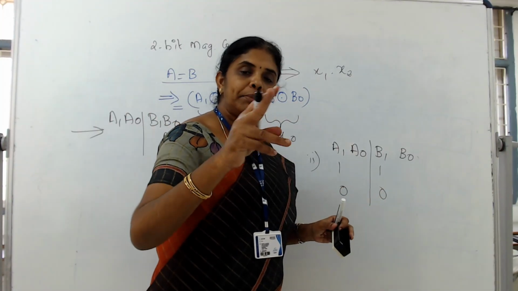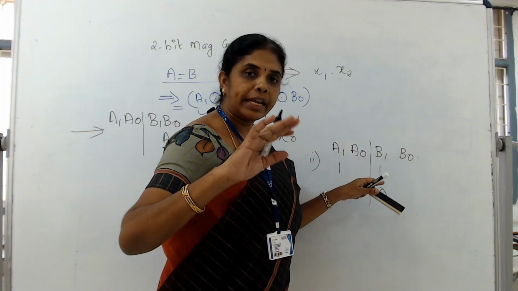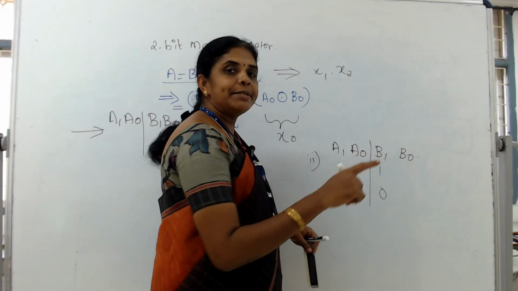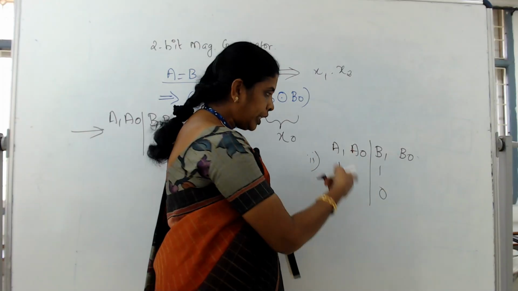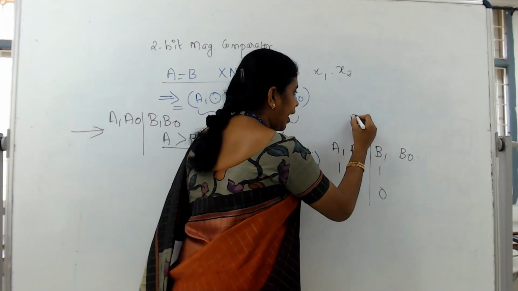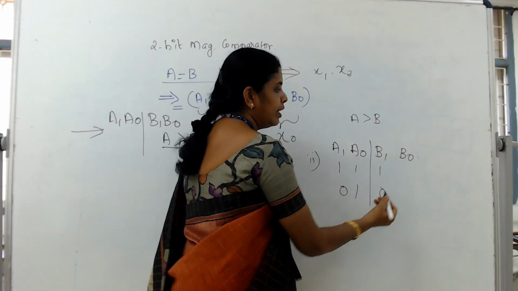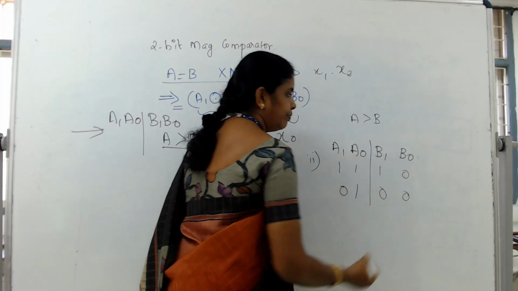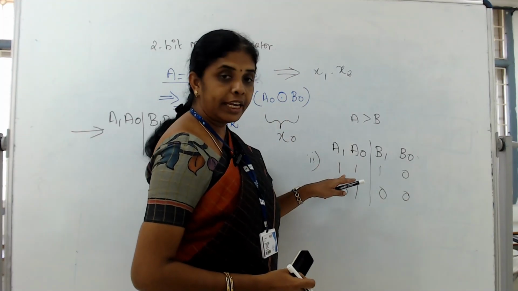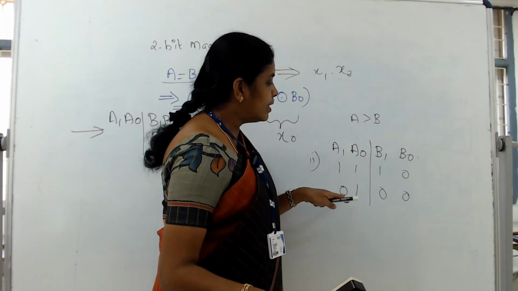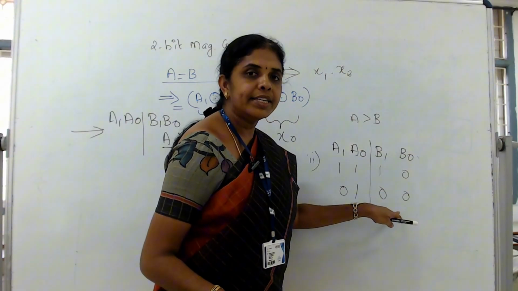If both bits A1 and B1 are equal, move to the next bit, that is MSB minus 1. In this case, for A greater than B, A0 should be 1 and B0 should be 0. So 1 1 is greater than 1 0. Similarly, 0 1 is also greater than 0 0.